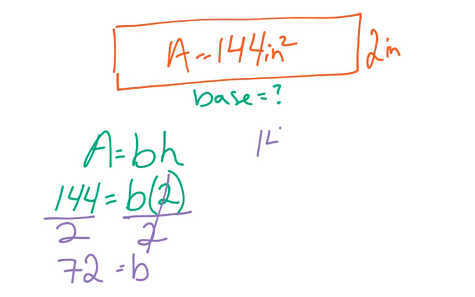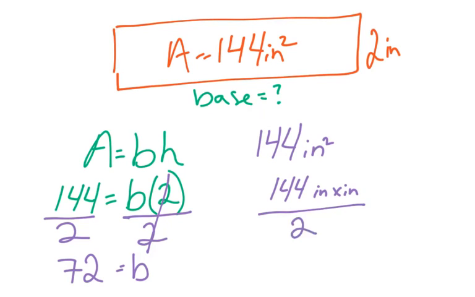If this was 144 inches squared, which means 144 inches times inches, and then I divide it by 2, that 2 was actually 2 inches, then just like this simplifies to 72 over 1, this simplifies to 1 times inches.